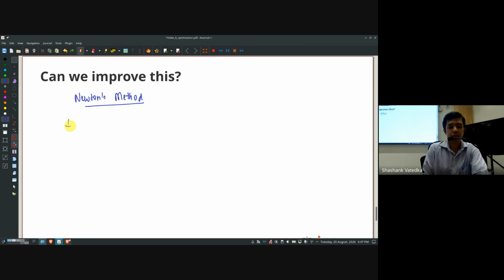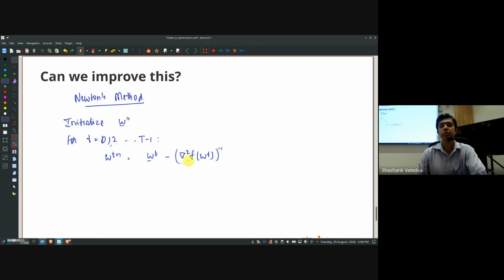Again, as in gradient descent, you initialize W0, and then for t equal to 0, 1, 2, up to t minus 1, you set Wt plus 1 to be equal to Wt minus the Hessian evaluated at Wt inverse.